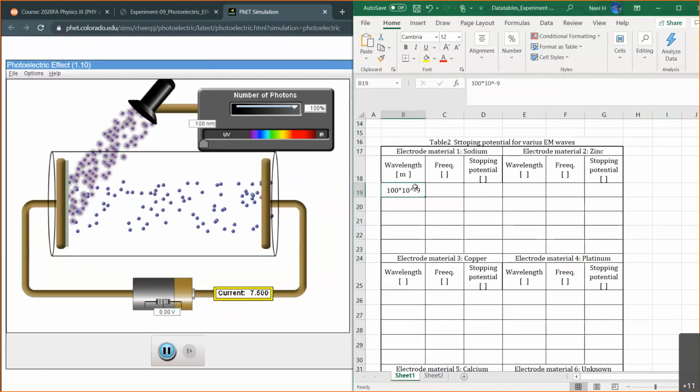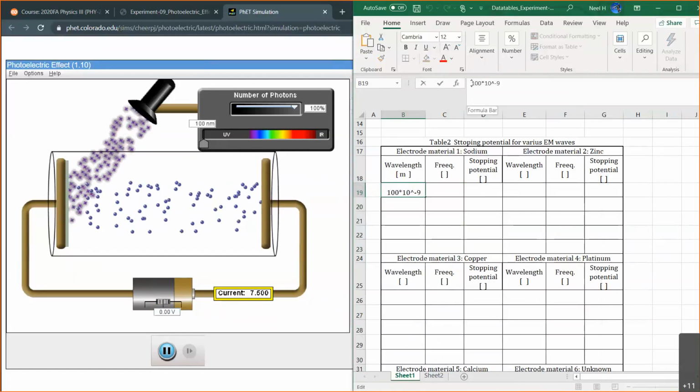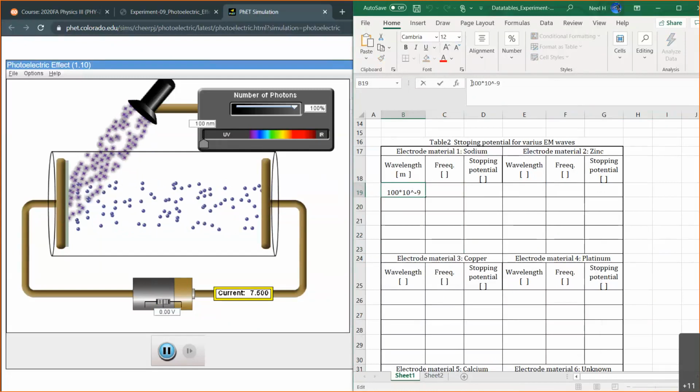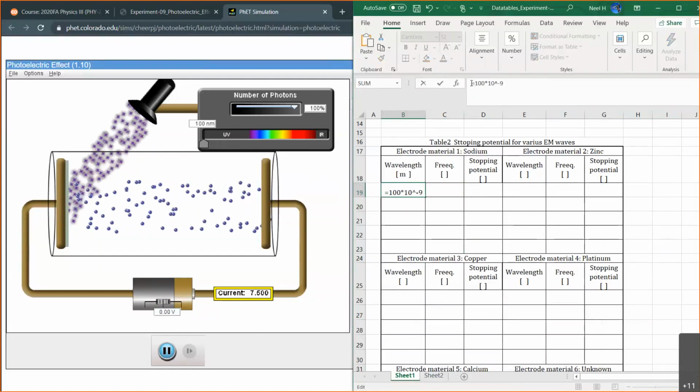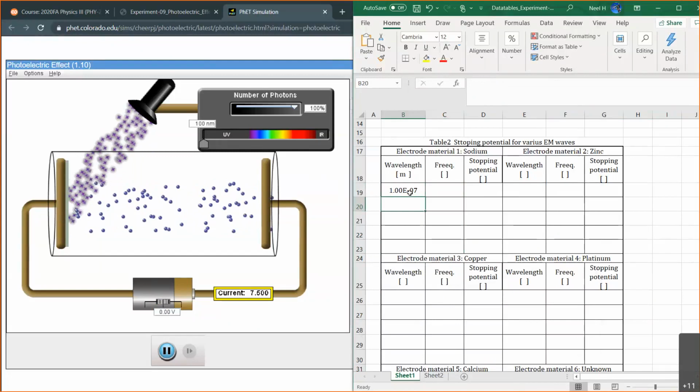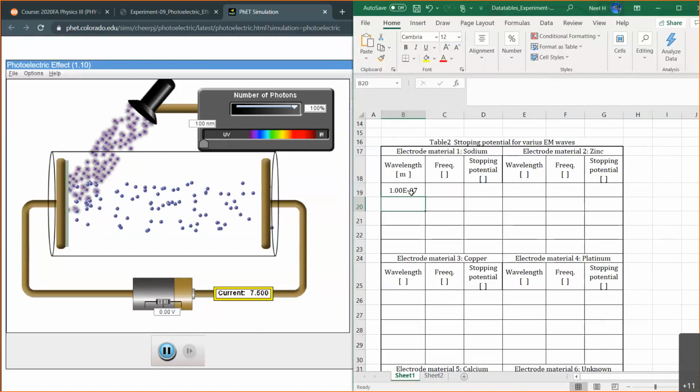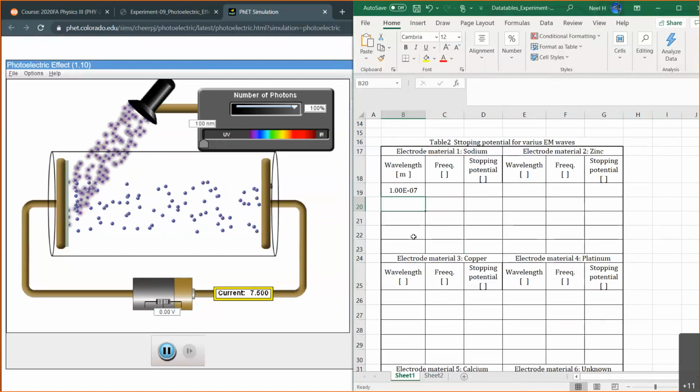Scientific with 2 decimal places, and then in front of this number, put an equal sign. When you're typing it, hit enter. Then that will automatically change into the scientific format, what Excel is actually reading.